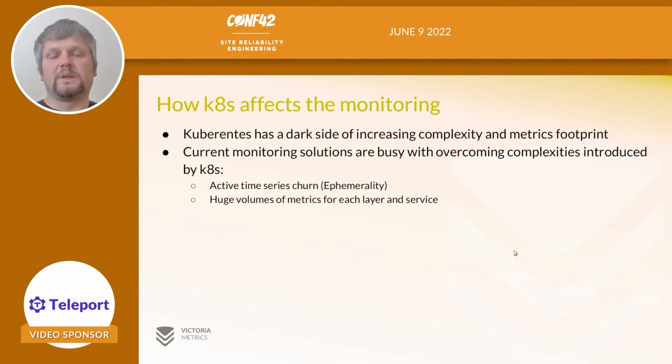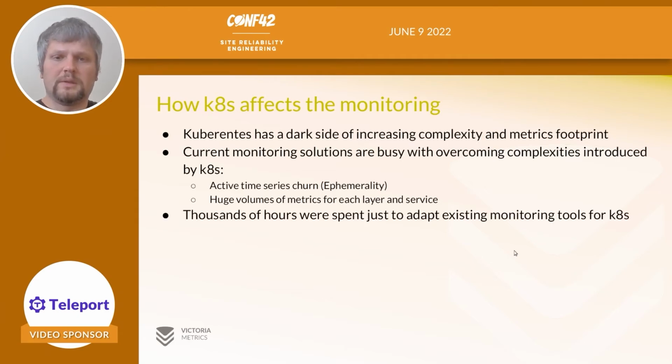The main complexities are the active time series churn rate, which is generated from the ephemerality of services, and huge volumes of metrics for each layer and service. Developers of current monitoring solutions spend big efforts adapting existing monitoring tools for Kubernetes because of this.